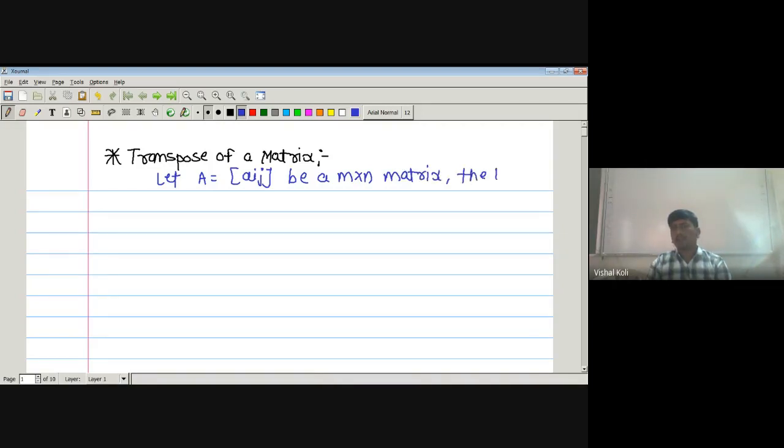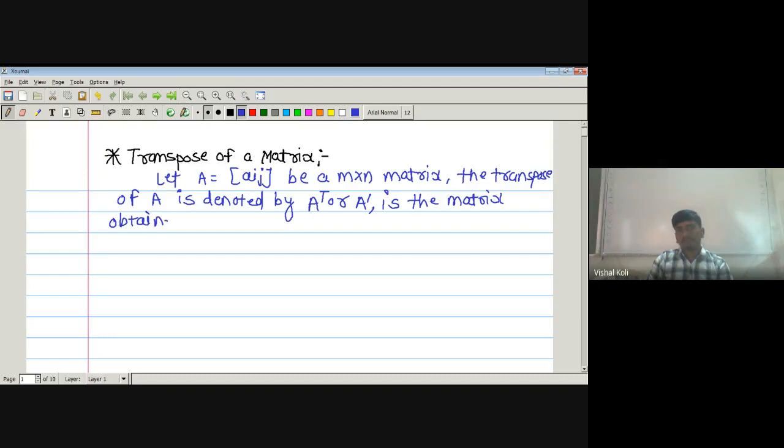The transpose of matrix A is denoted by A to the power T or A dash, and is the matrix obtained by interchanging the rows and columns of A.